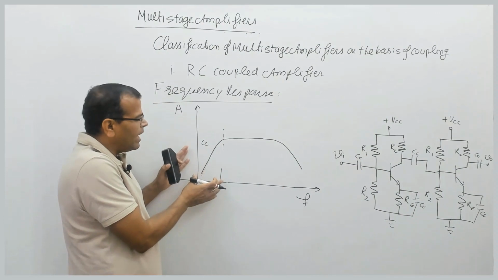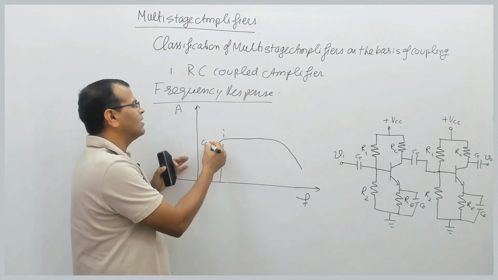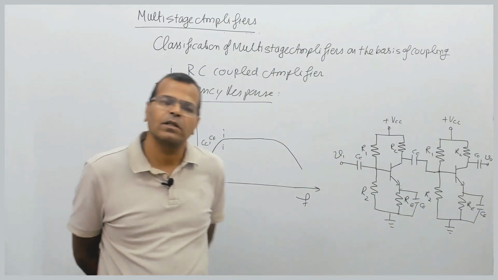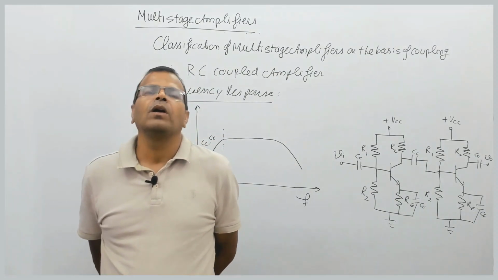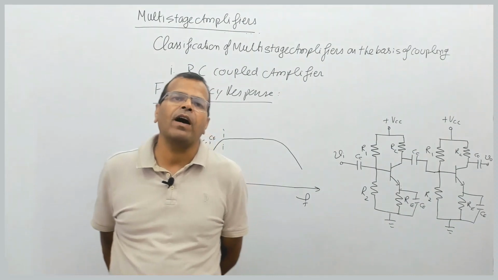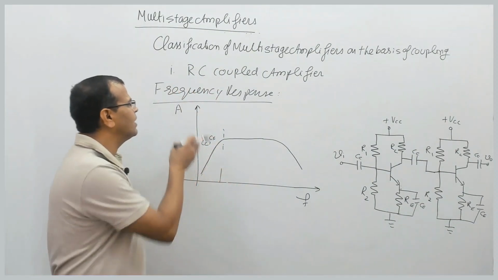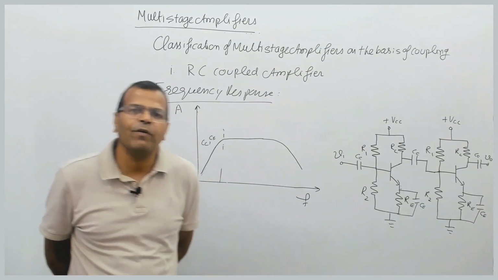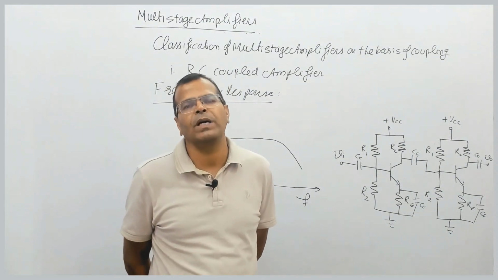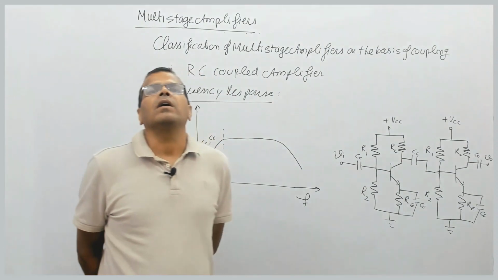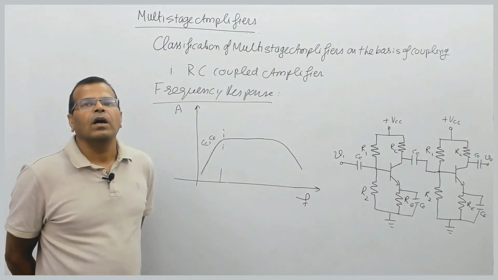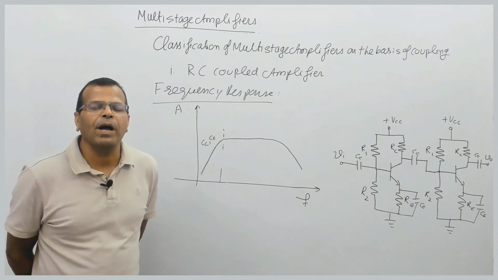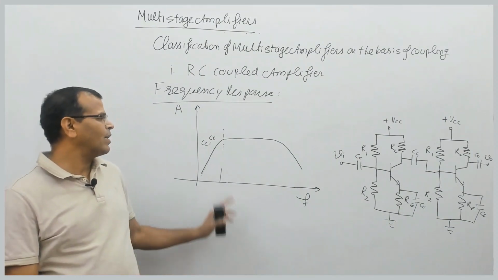So the gain at low frequencies is affected by the coupling capacitors and emitter bypass capacitor. This is the gain versus frequency curve. You can say the frequency response of a multi-stage amplifier is determined by the coupling and bypass capacitances at low frequencies.